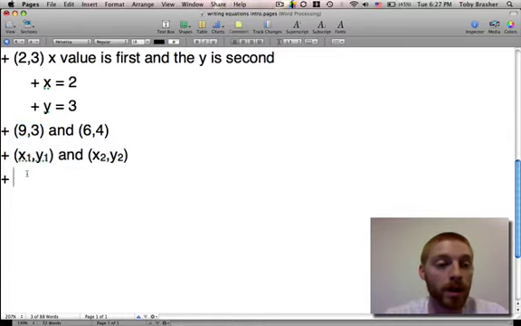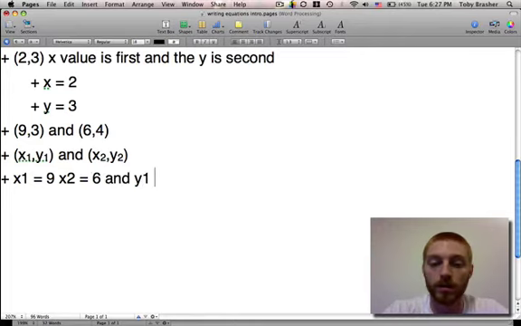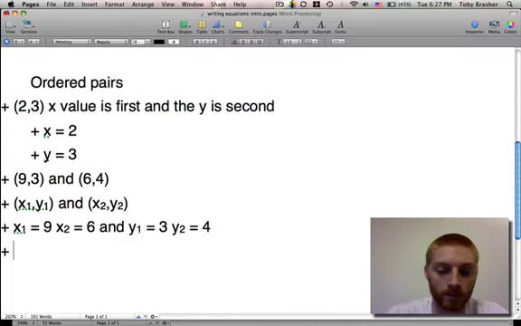So we know that our x1 equals 9, our x2 equals 6, and our y1 equals 3, and our y2 equals 4. And that's going to be very useful to us when we use our slope formula.